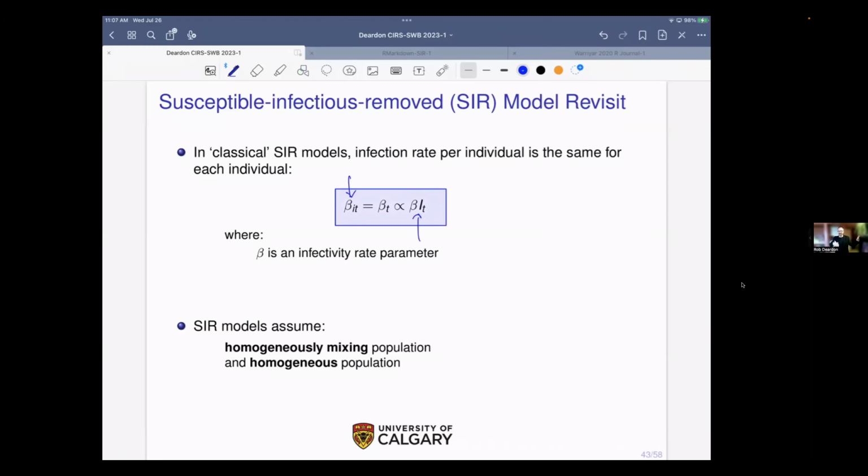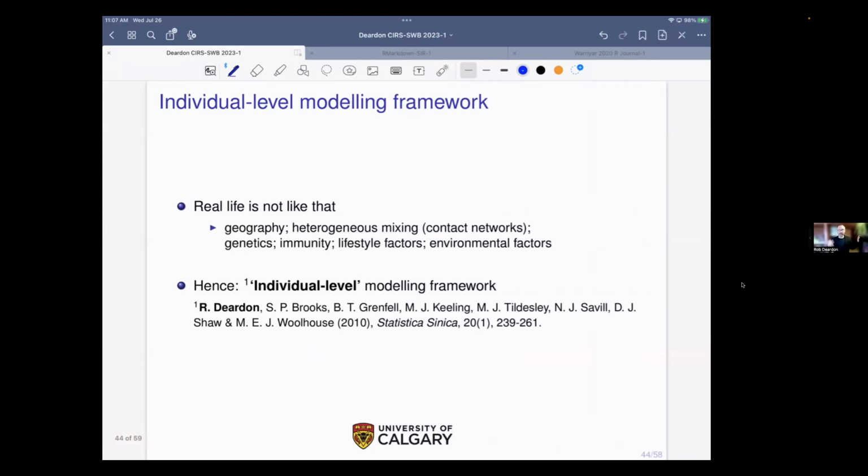I say proportional because we divide through by N. And we've also got this homogeneous assumption, right? We've got this assumption that people are mixing homogeneously, completely at random, and we're assuming they're all the same. Okay? Now we know real life is not like that.